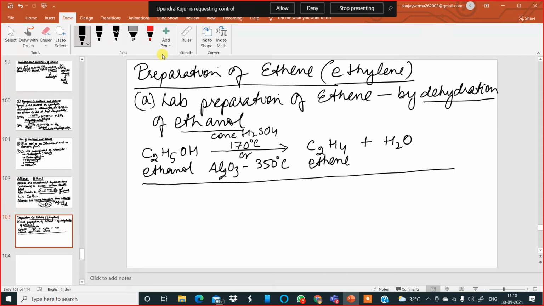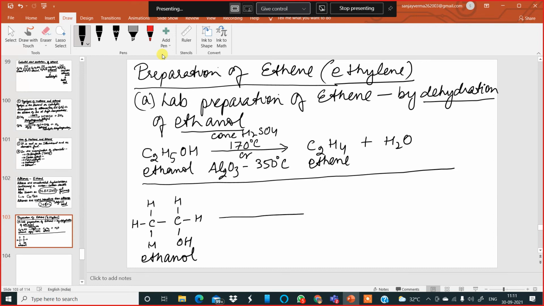Now let me write this in another form. The structural formula of ethanol can be written as CH3, CH2, OH.